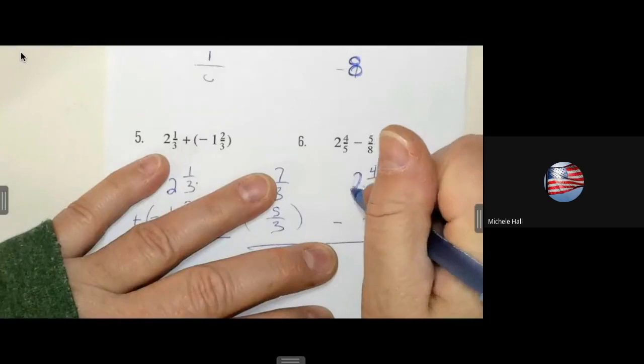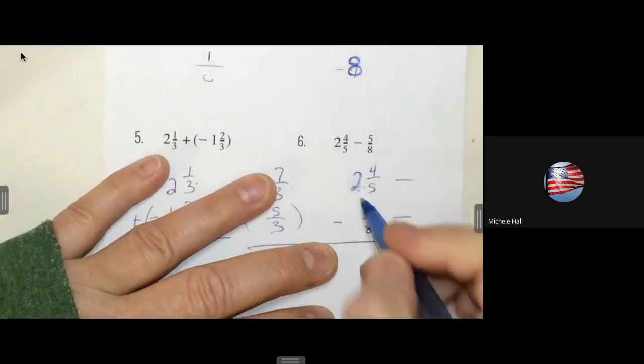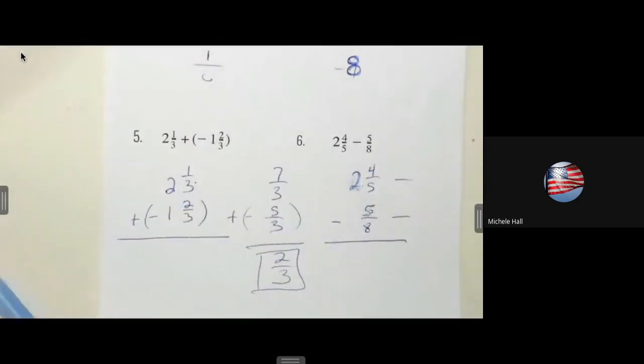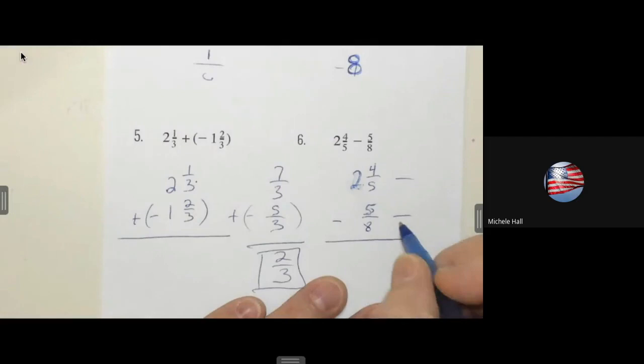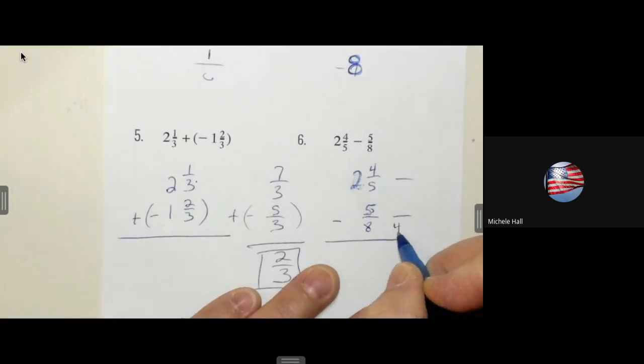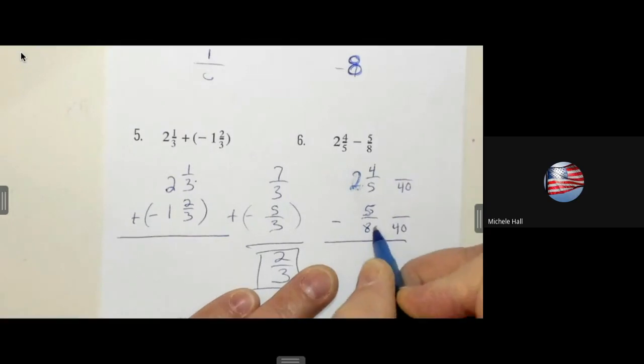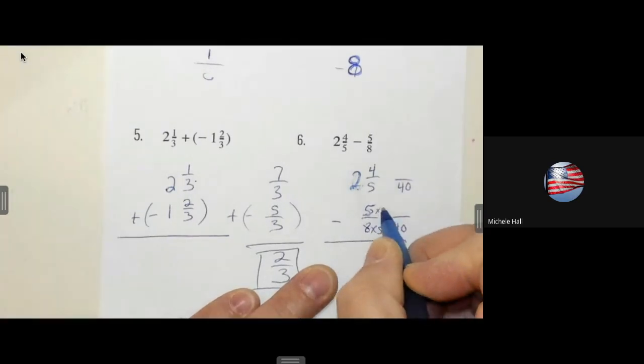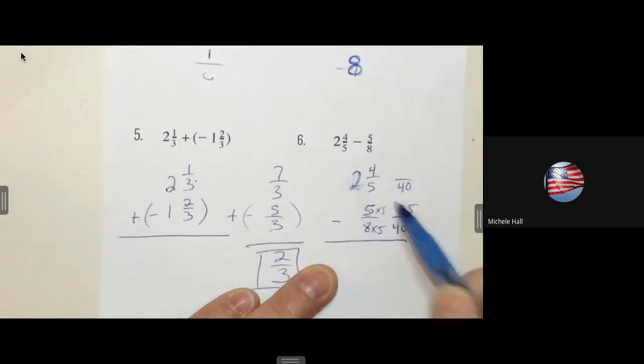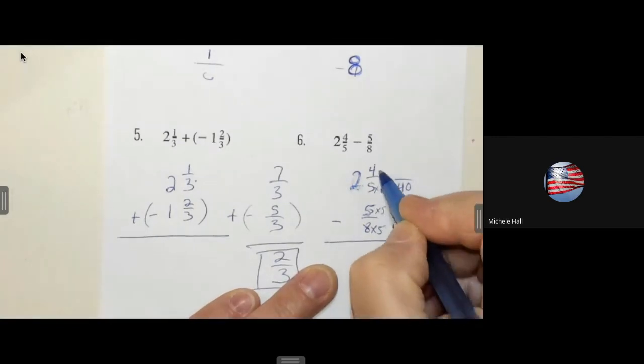Okay, find your common denominator. Adjust your numerators. Okay, the common denominator has to end in a 5 or a 0, so I'm going to say 40. 8 times 5, so 5 times 5. 5 times 8, so 4 times 8.